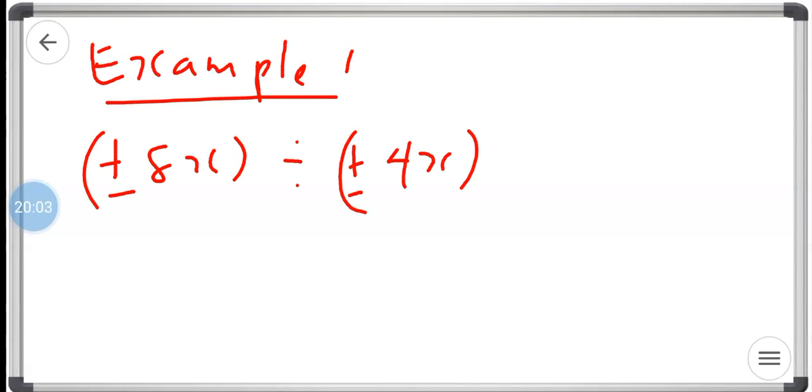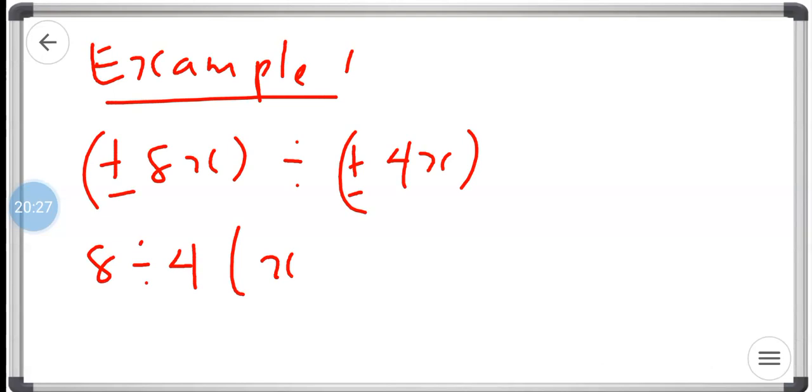Now from here, let's have this. We'll be having 8x divided by 4. Then we'll bring out the alphabet. So in doing that, we're saying x, and in the laws of indices, division changes to subtraction.